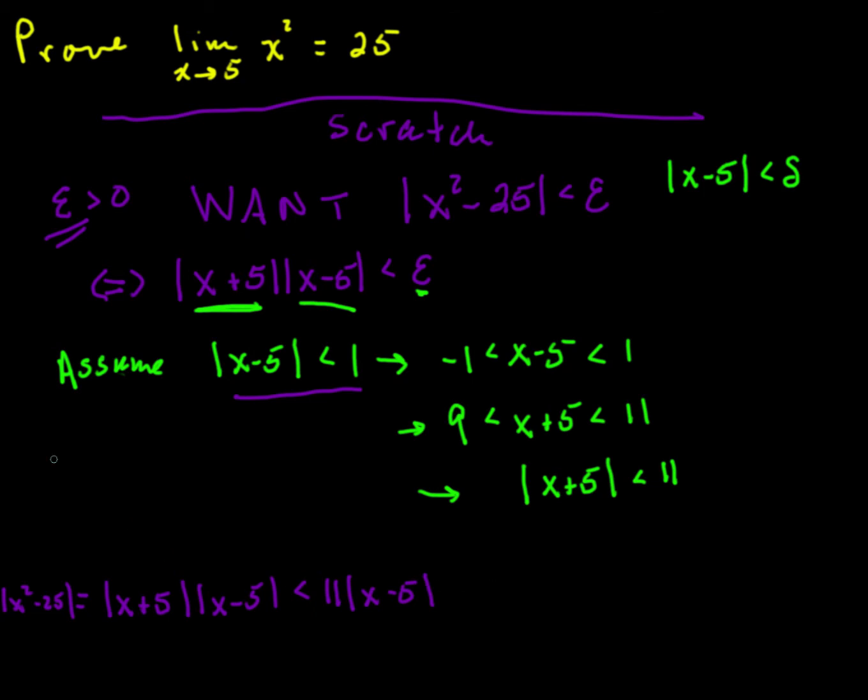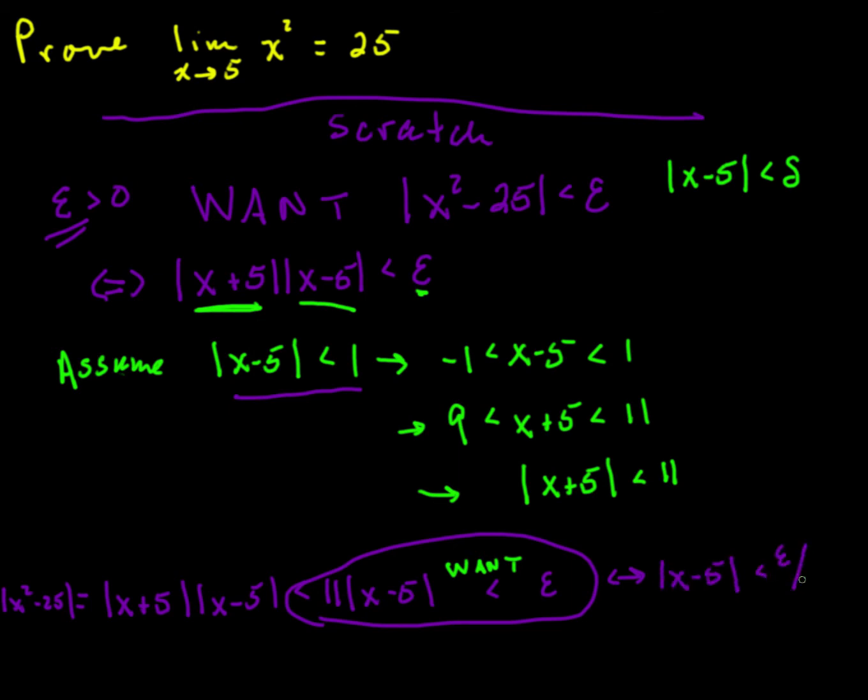And I want this to be true. I want that this expression, since that's x squared minus 25, I want this to be less than our epsilon, which, putting that together, this right here tells me that'll be true if and only if x minus 5 is less than epsilon over 11.